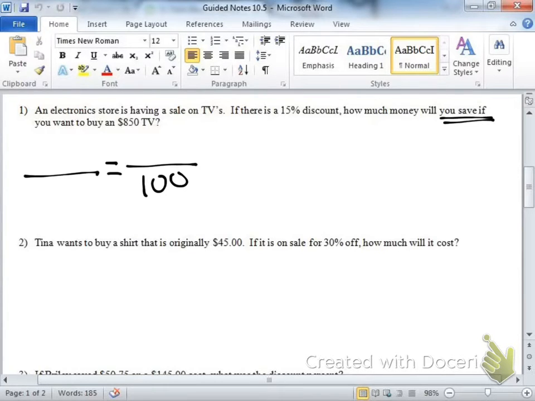Any ideas? 15 over 100. Yeah, 15 goes over the 100 because it's the percent. Good. 850 goes on top or at the bottom? The original price goes on the bottom. I'm going to use a D here because that's going to tell me what my discount amount is. Discount percent, discount amount.